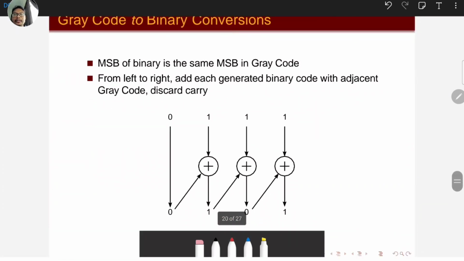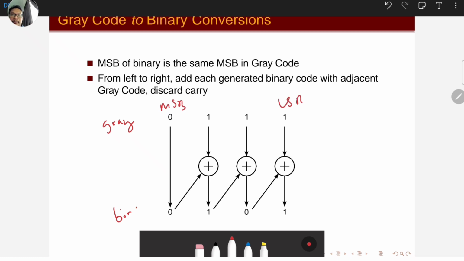So how do you convert gray code to binary? Here is your gray, and here is your binary, here is your MSB, here is your LSB, the most and least significant bits. Now we take 0 and put 0, and we plus this one together. We plus 1 and 0, we get 1.